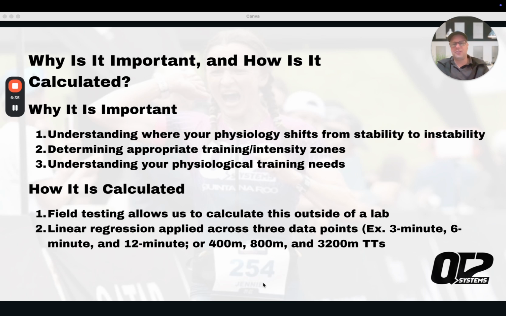For a particular athlete, it may be a 300-meter short test, a 600-meter medium test, and a mile and a half long test. As long as you know what those interval lengths are, the calculation is pretty simple through the linear regression.